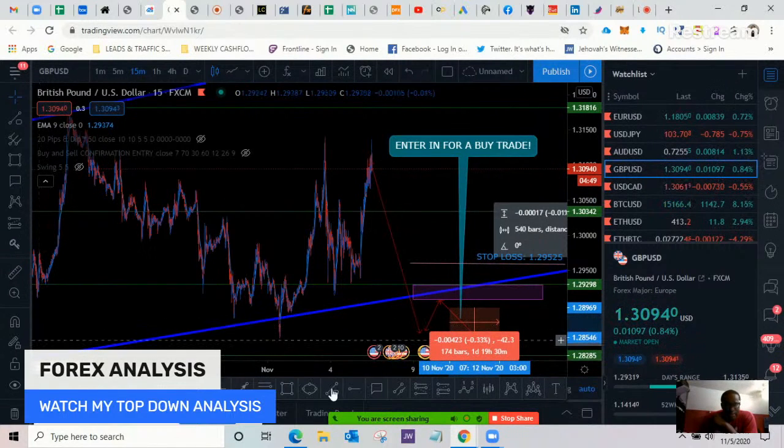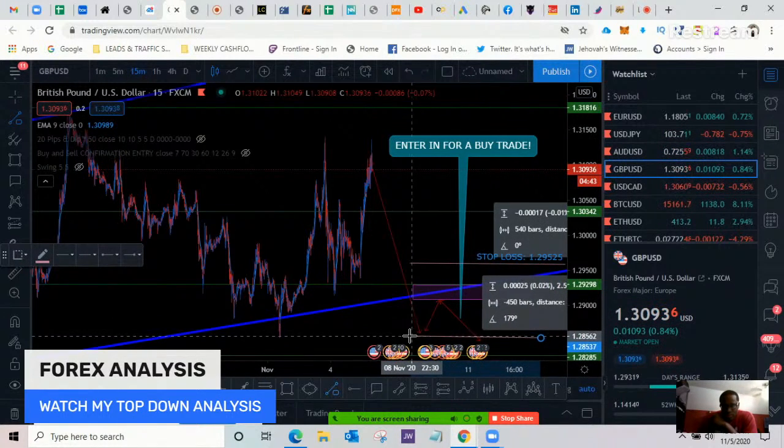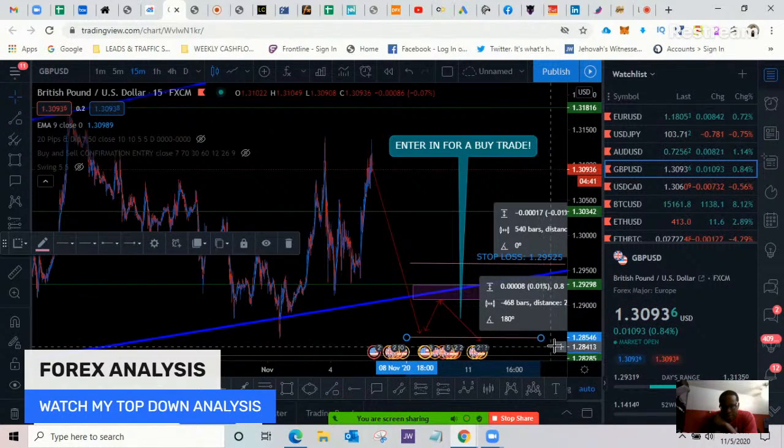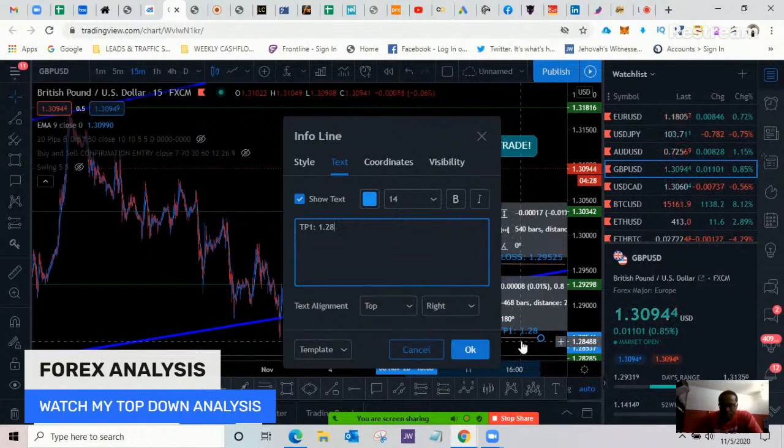Then I'm going to take this info line again, draw at the bottom of the rectangle, and notice price at this line is 1.28546. So then I'm going to say take profit 1.28554.